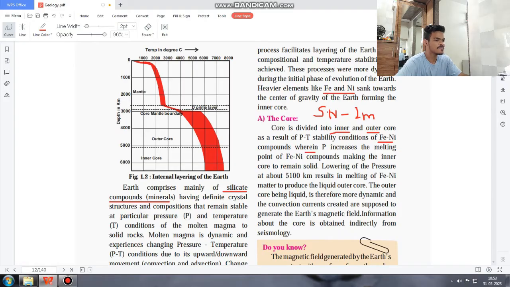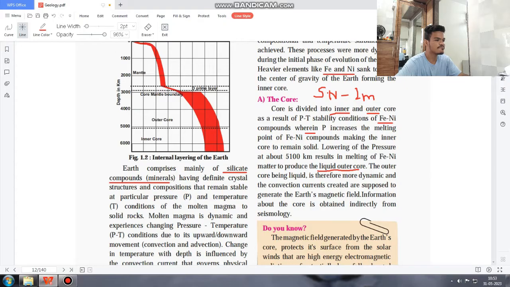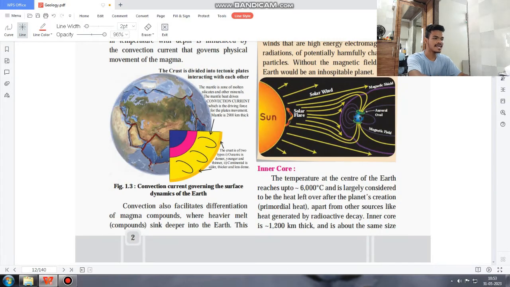Lowering of pressure means the melting of iron nickel to produce the outer core in liquid form. The outer core is more dynamic as compared to the inner one. Information on the core is given through seismology. And that's where the inner core starts.